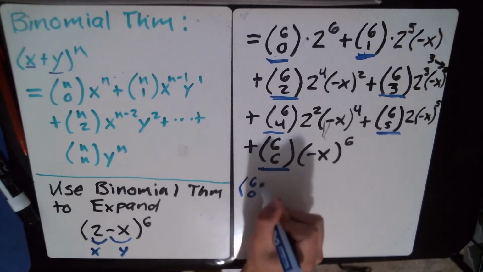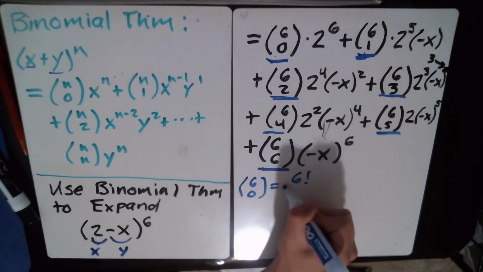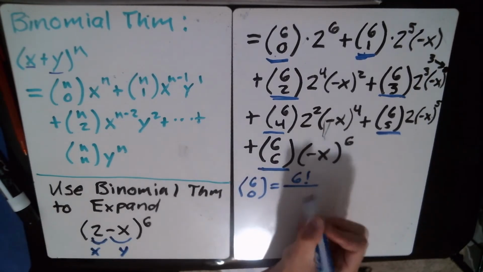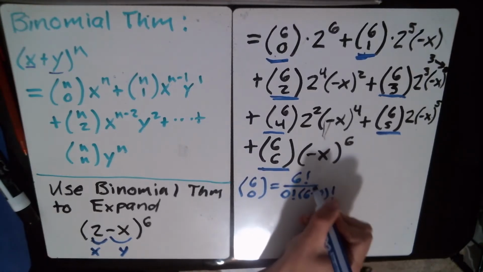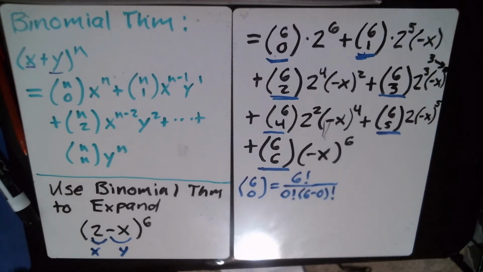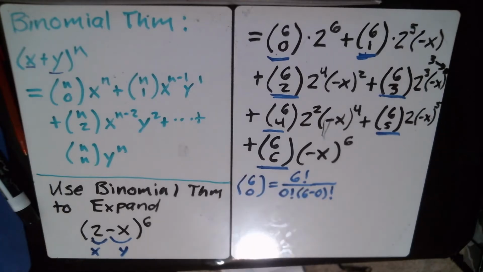Let's start with 6 choose 0. That's 6 factorial divided by 0 factorial, the bottom one, and then 6 minus 0 factorial. I should mention here that 0 factorial is defined to be 1. It just works out better that way; if it was 0, this wouldn't make any sense.